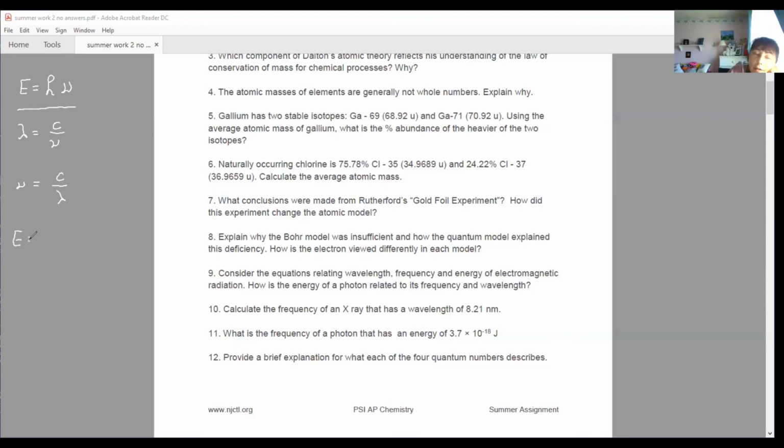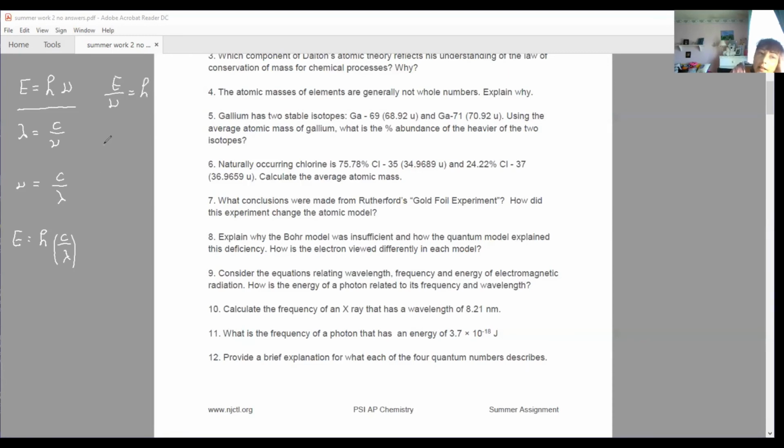But also, if we do not have the frequency but we have the wavelength instead, we substitute c over lambda, because c over lambda is the frequency anyway. So E and the frequency nu are directly related through h.